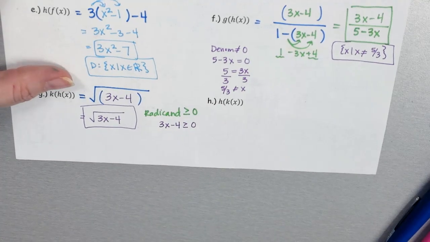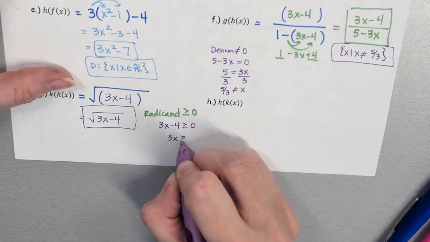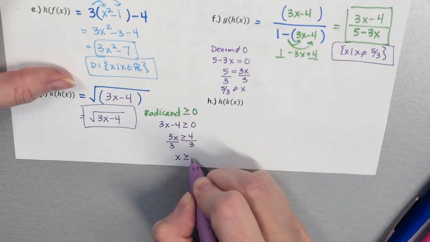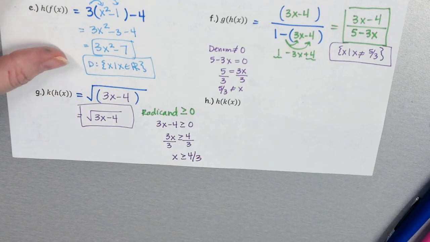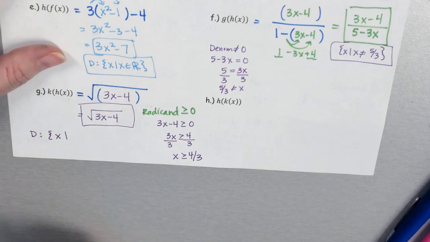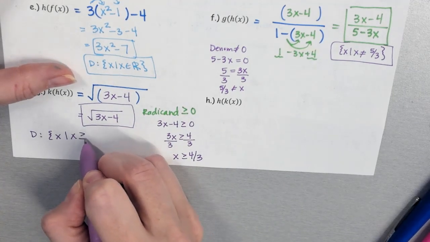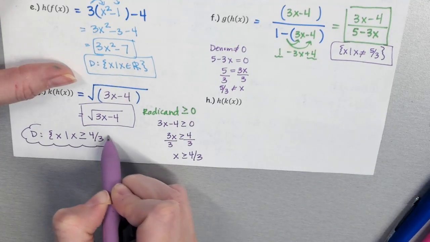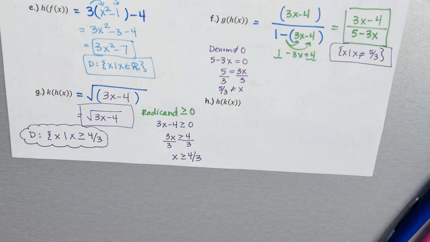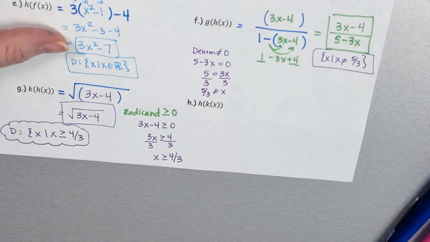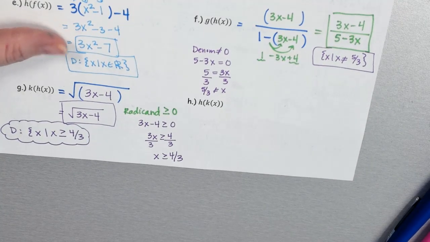When you're solving inequalities, it's just like you're solving an equation. The only time you have to worry is if you multiply or divide by a negative, because that's when you're going to switch the sign. And so your domain is just all the values of x such that x has to be greater than or equal to 4/3. Because if it's not, then you would get a negative under the radical, and that would not produce a real answer. Okay, so anytime you have a radicand, you have to set it greater than or equal to 0.